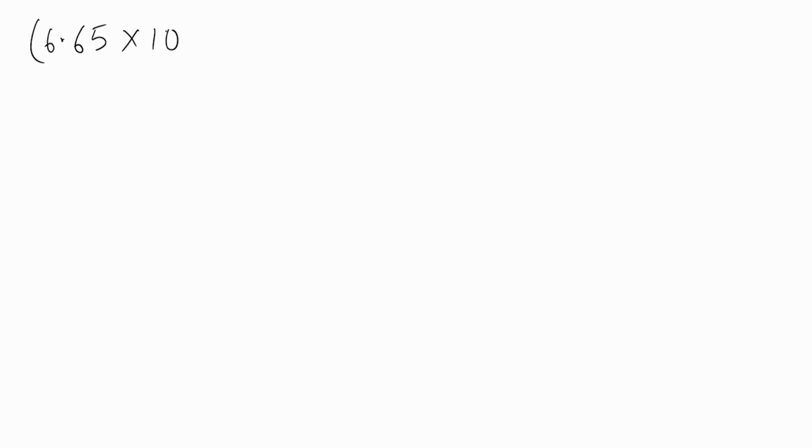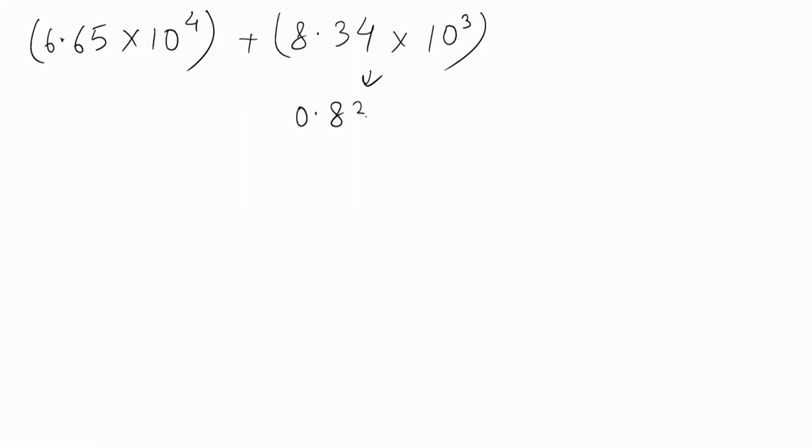6.65 into 10 to the power 4 plus 8.34 into 10 to the power 3. So if we take 10 to the power 4 as common, then this can be converted as 0.834 into 10 to the power 4, right?